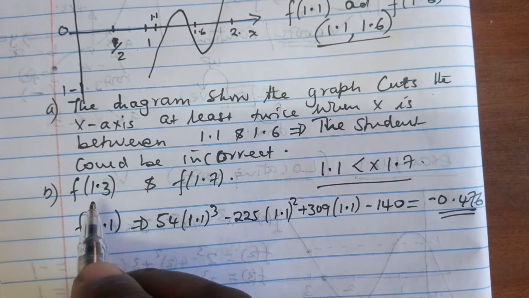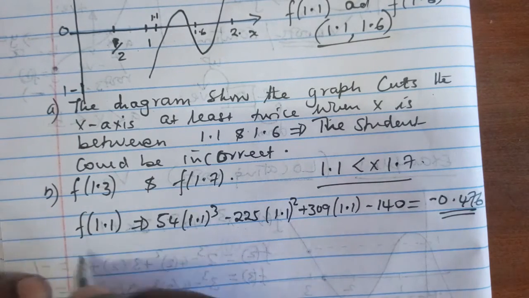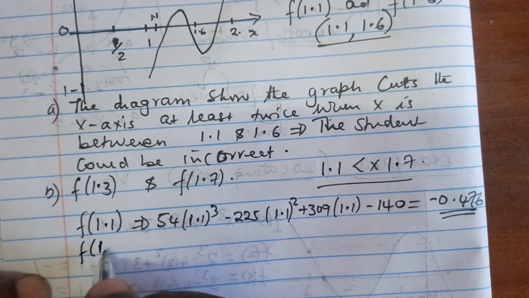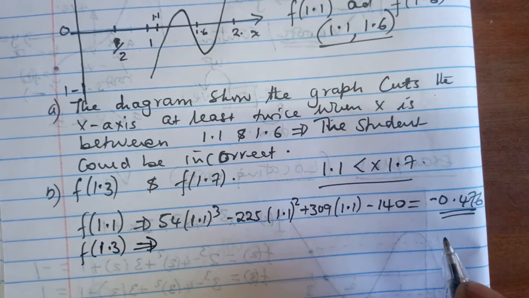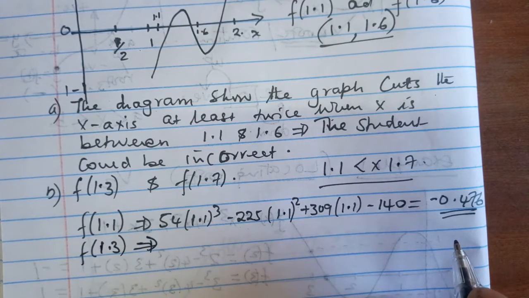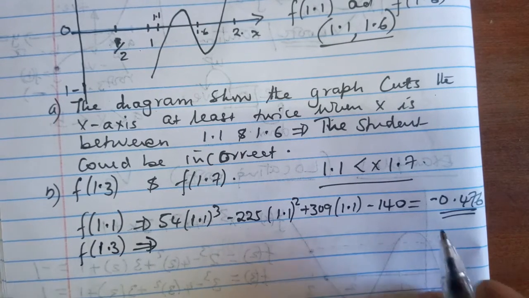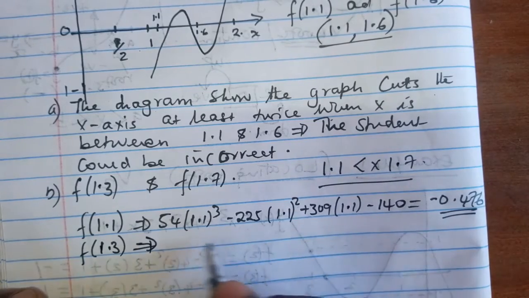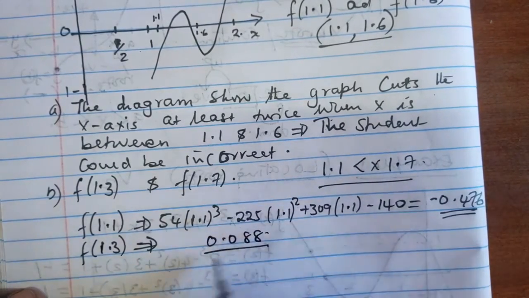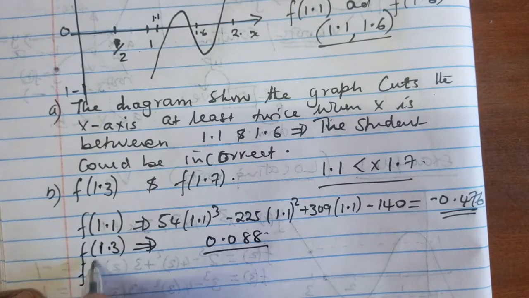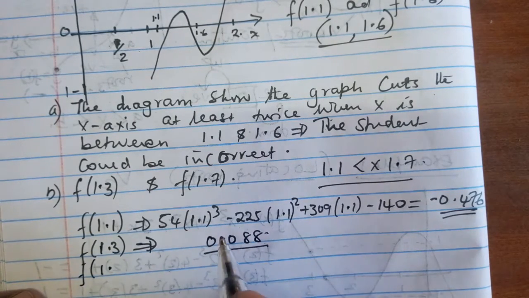Because we are told to calculate, we go to f(1.3). If you substitute in the same way, you are going to realize f(1.3) is 0.088. Something changes the sign there. What about f(1.5)?